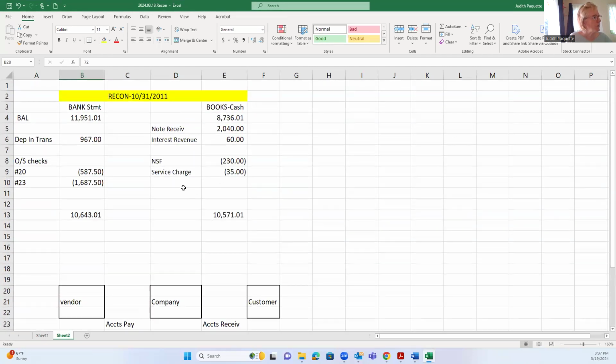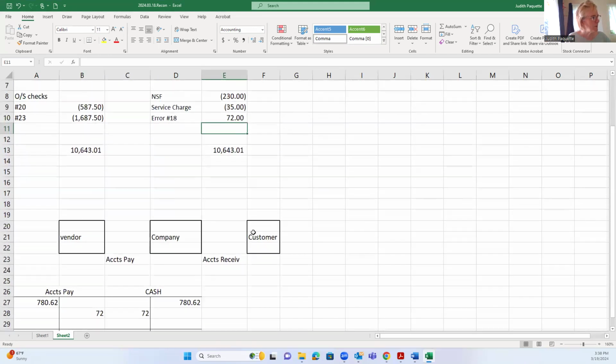Okay. So we have that error. And we're going to add that back. Okay. So I will tell you the errors are tricky. You have to really track them through, because if it's accounts payable, if it's accounts receivable, you have to know which way the numbers are going.